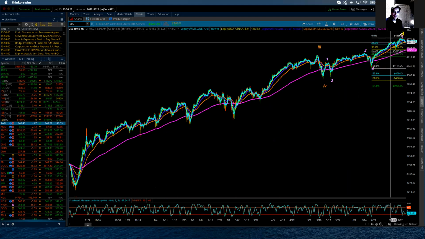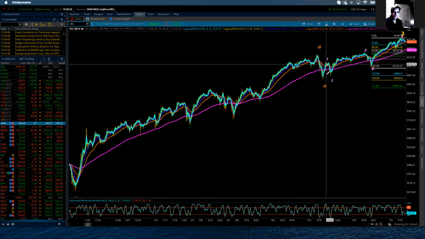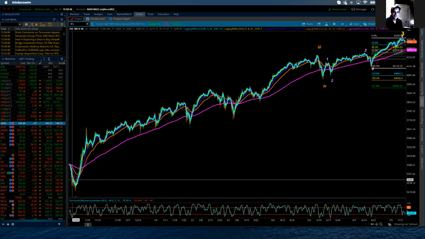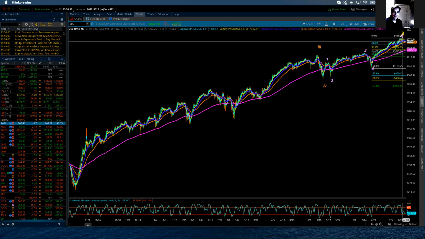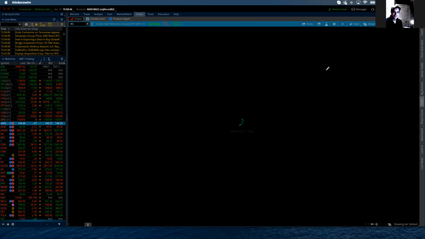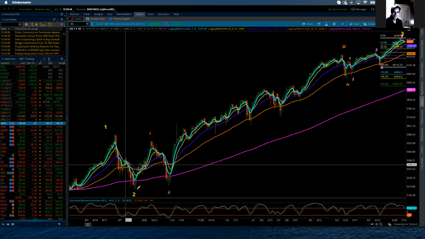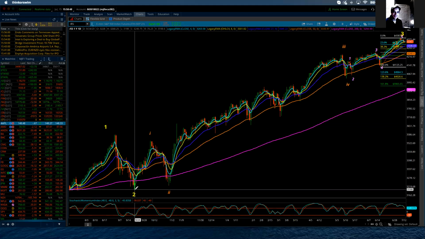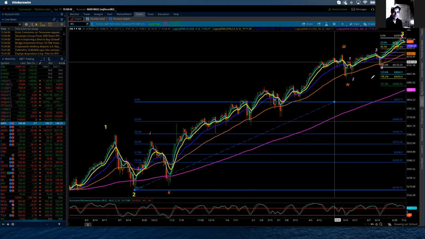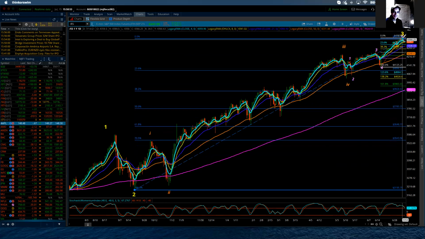We need to correct this entire move. And actually, I could go back even further, because we would run that fib from the bottom of intermediate wave 2. That's likely off the daily, and we might get much, much bigger numbers. I'm just going to stick them up there to see what we're looking at.